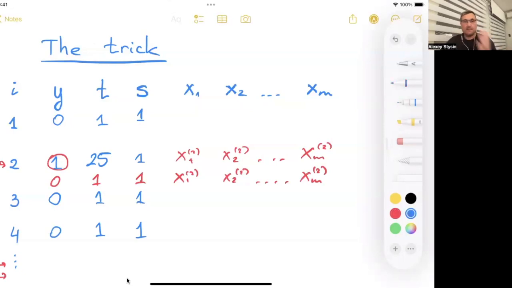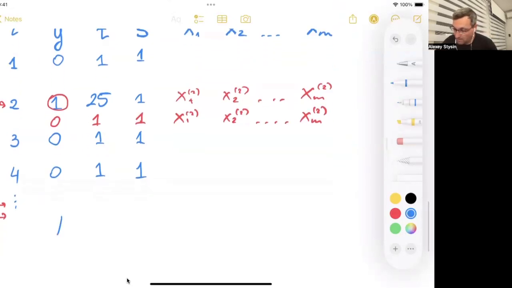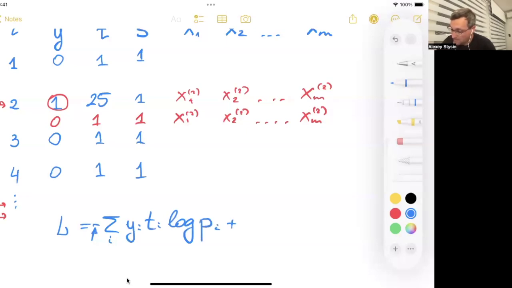First, it's easiest to see what happens to the loss function. Remember, we had the loss function here, which was the sum over i, and I'm dropping the minus sign from here because it's not important. We had yi ti log pi plus (1 minus yi) log(1 minus pi).